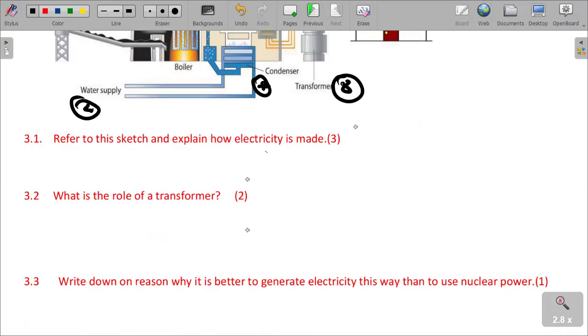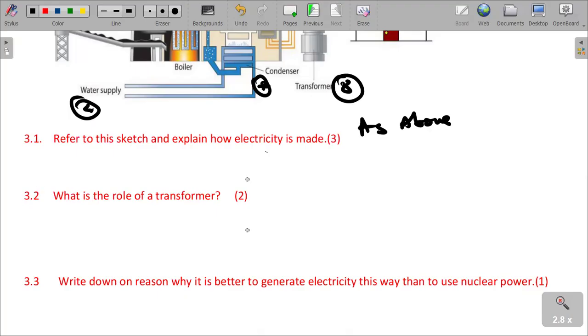It's one and the same explanation as above. What we talked about: the core is used to heat water to form steam, the steam turns the turbines in the generator, and then the turbines generate electricity. That's what we just explained from the previous question.